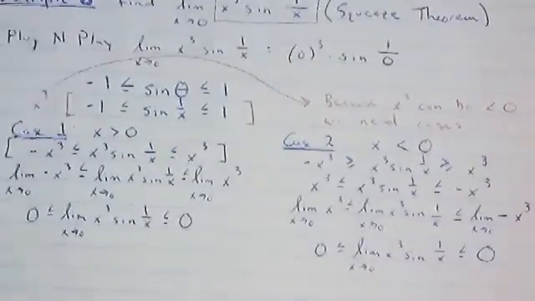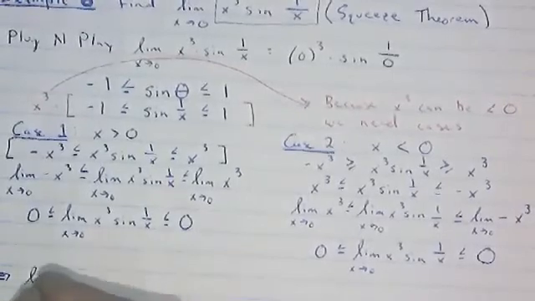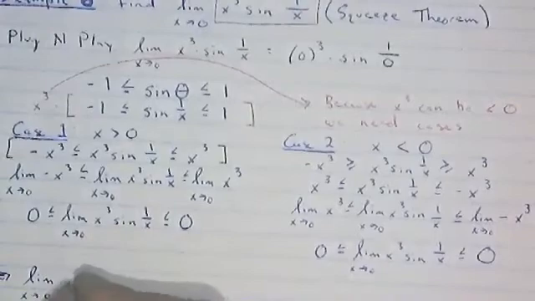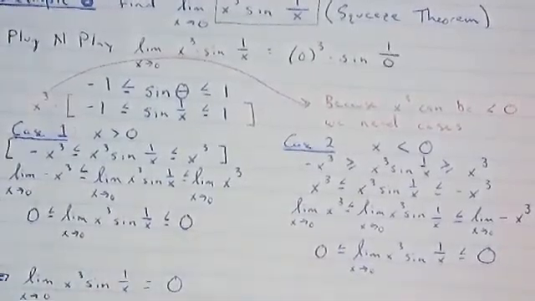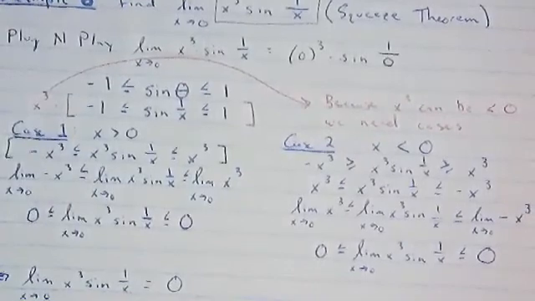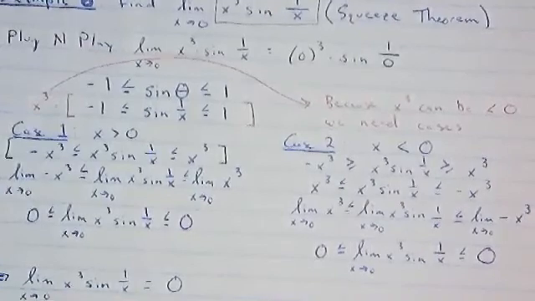Which allows us to conclude with confidence that the limit as x approaches 0 of x cubed times the sine of 1 over x is in fact 0. If it doesn't squeeze, then it doesn't squeeze. Then we need to pick a better starting inequality.